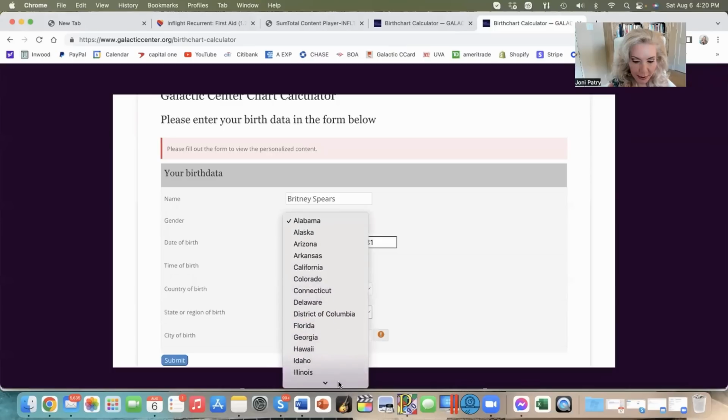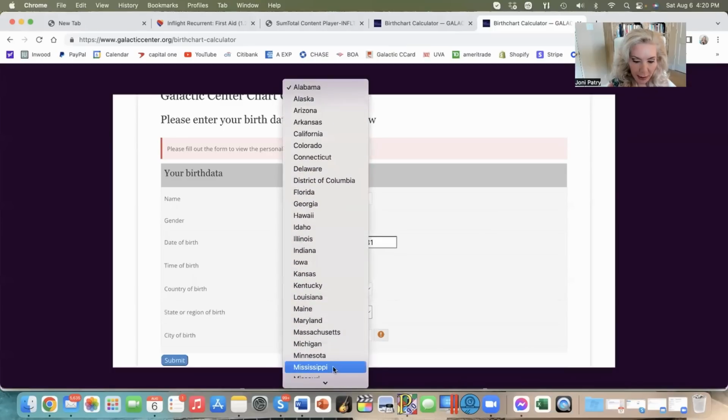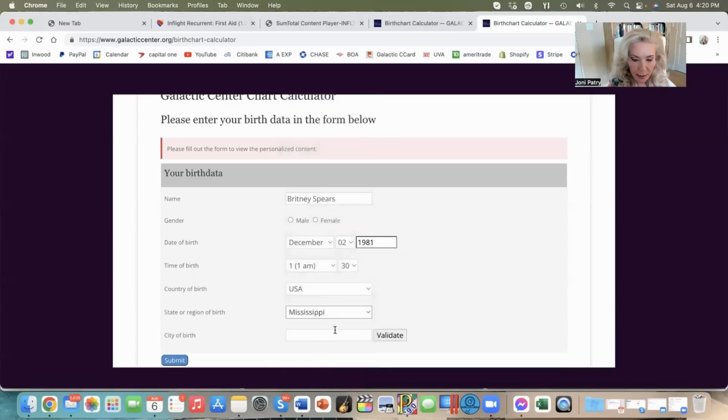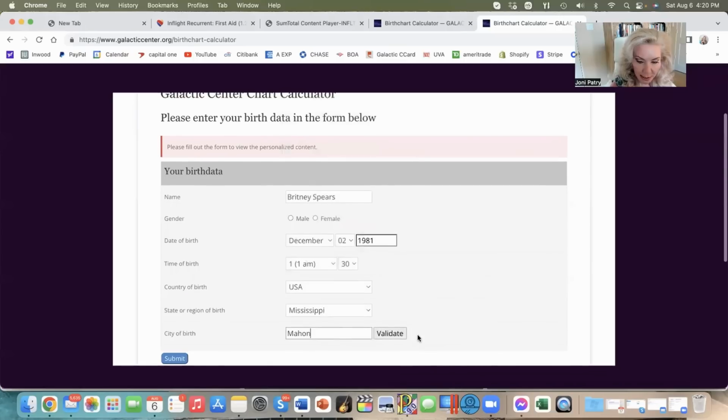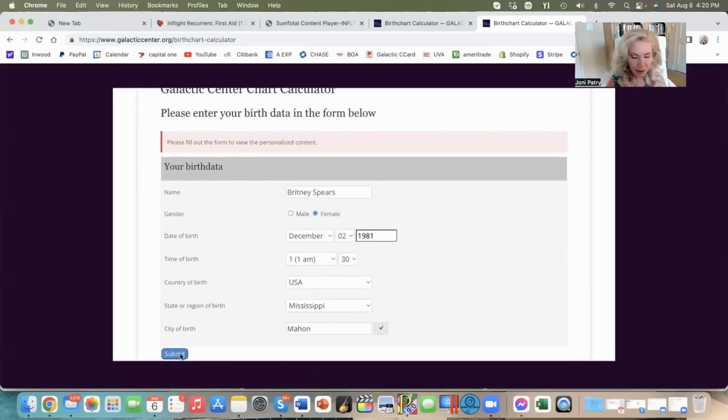So let's scroll down to Mississippi right here and put in the city. And she was born in McComb, Mississippi. And then you have to click validate. And when it gives you the little check mark there, then you're good. Then, oh, and make sure you choose male or female. So she's a female, so submit it.